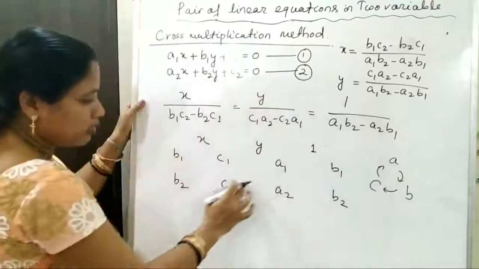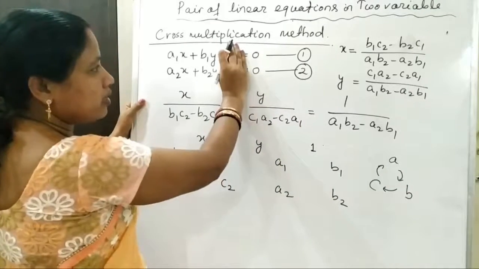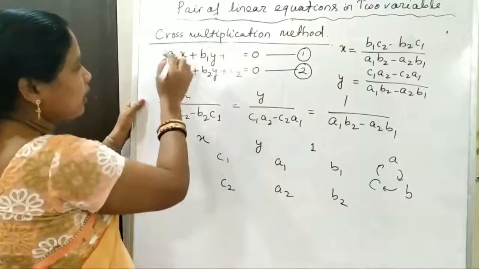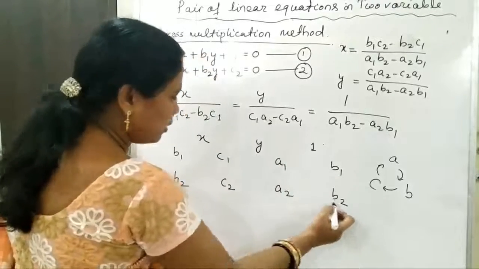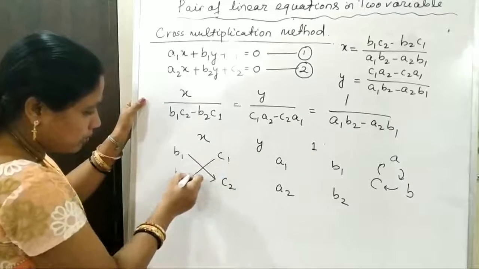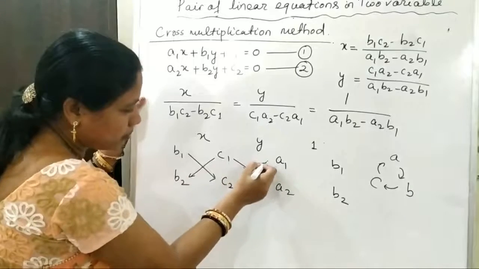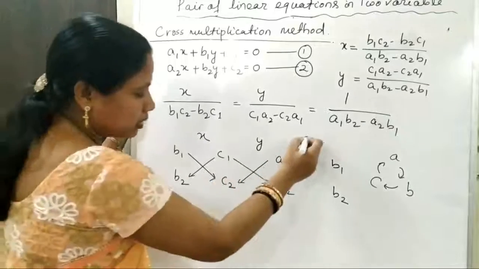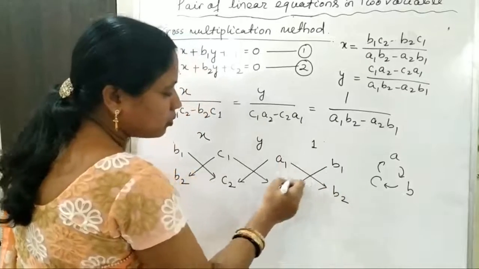Then for 1, the constant term you have to hide, and write a1 b1 a2 b2. So x by b1 c2 minus c1 b2, y by c1 a2 minus a1 c2, then 1 by a1 b2 minus a2 b1.